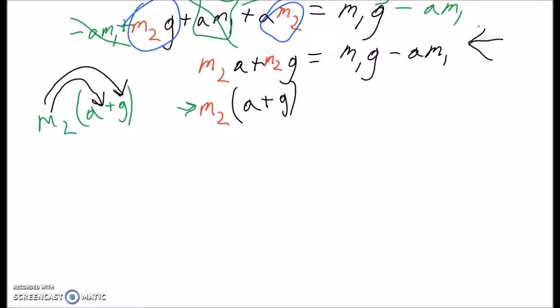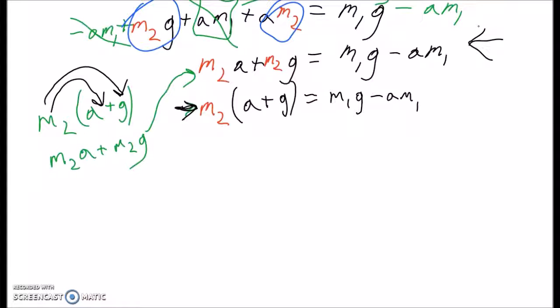Now we'll get m2a plus m2g. This looks awfully familiar. Oh, right, we did it right over here. So that verifies this equation, and we're going to keep going. So this is equal to m1g minus am1.